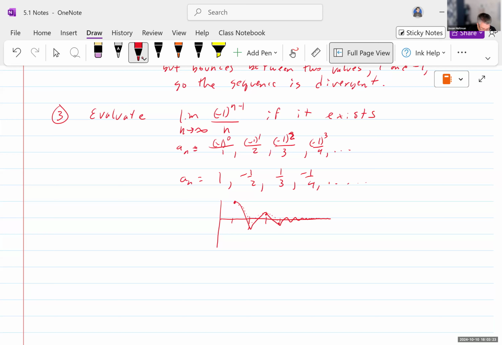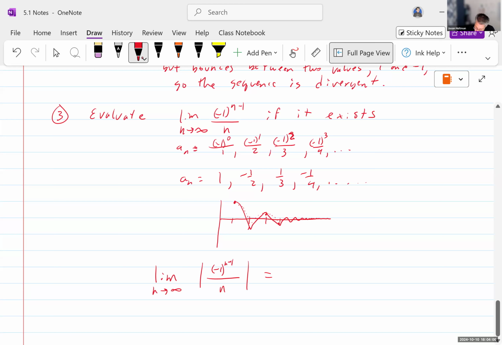Well, we have this theorem that says that if the absolute value of the terms of the sequence goes to a limit, then the whole thing goes to the same limit. It doesn't matter if it alternated or not. So let's take the limit as n goes to infinity of the absolute value of -1 to the n minus 1 all over n.